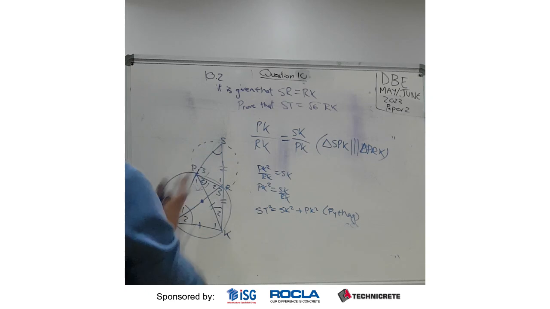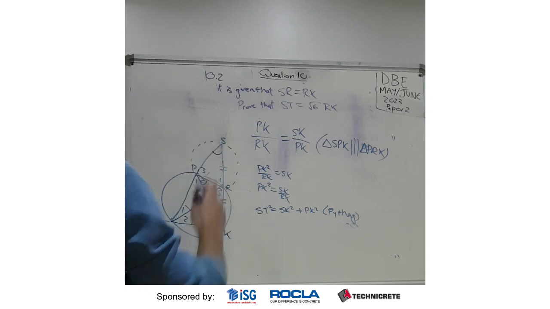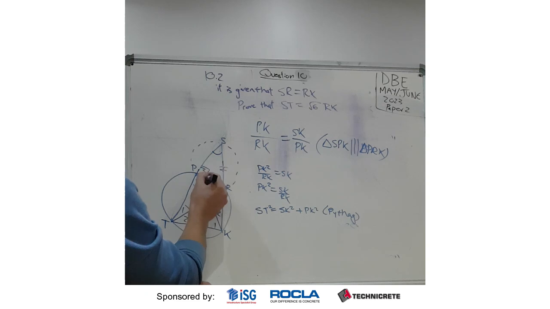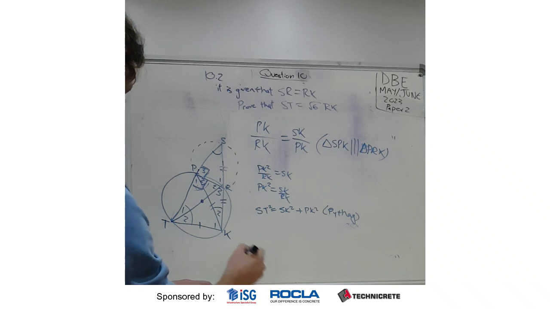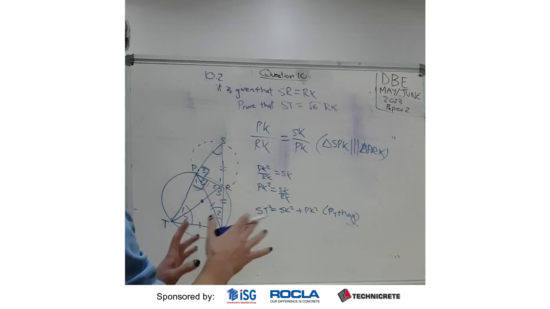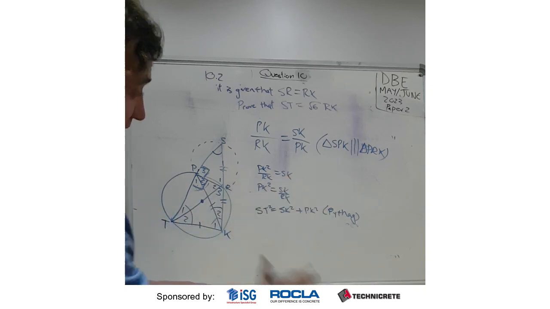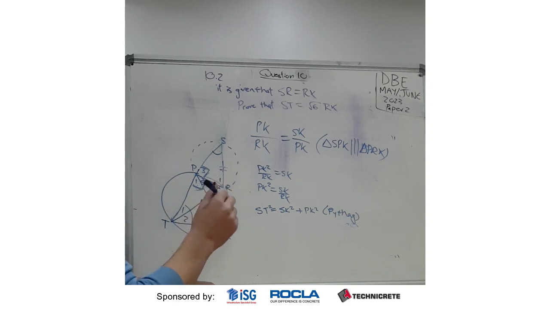Right, ST, SK. You can see because of our multiple right angles, because that's a right angle, this should also be, it becomes very, very easy. There's lots of places you can do Pythag. This, I think, is just the easiest place to do so.